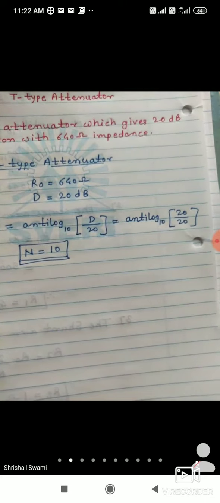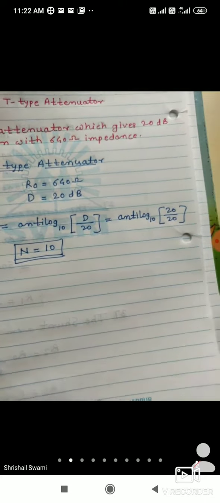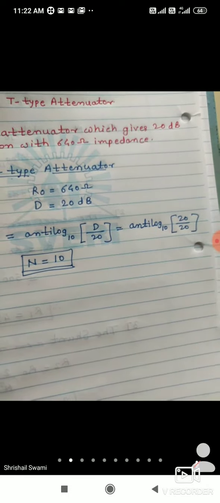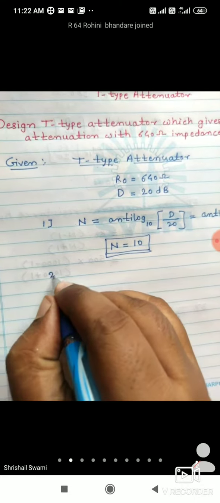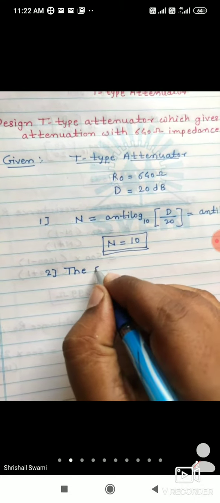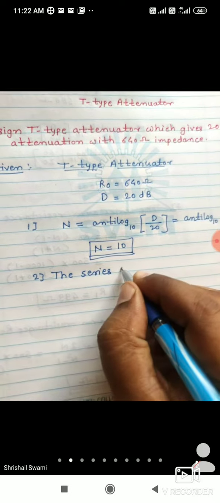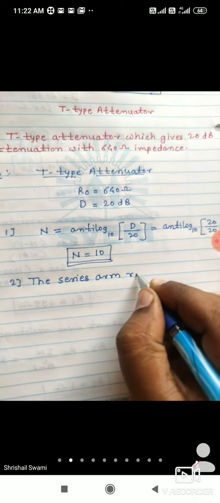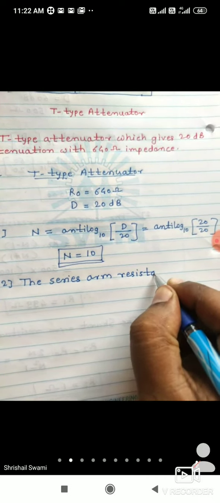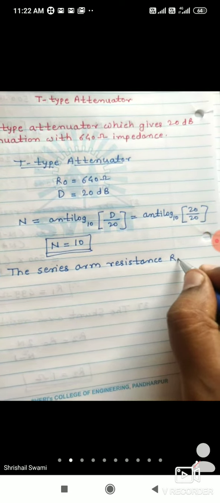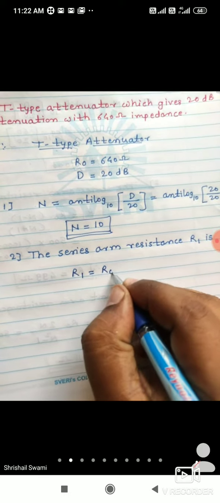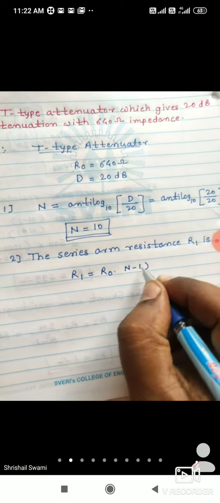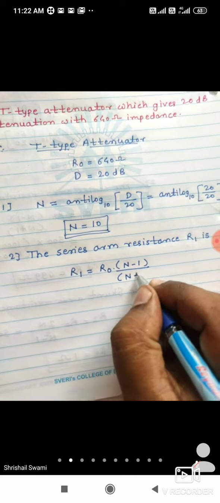So you can cross check antilog of 1. Okay, shift log, antilog of 1 gives N is equal to 10. Second one, the series arm resistance R1. The R1 formula is R0 into N minus 1 divided by N plus 1.